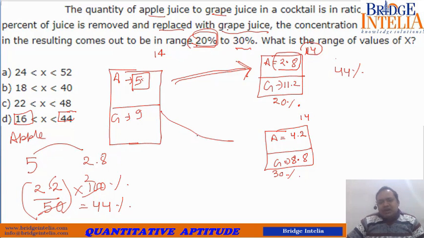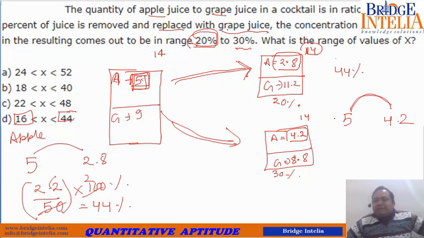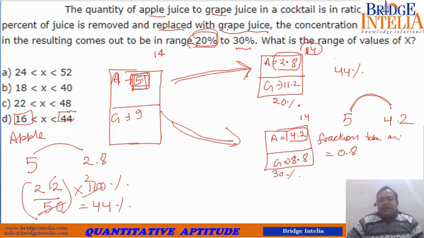If you want to achieve this, it means apple originally was 5. Finally, you want it to drop to 4.2. So 5 dropping to 4.2. What fraction do you have to take out of the bucket? Fraction taken out is equal to 0.8 by 5.